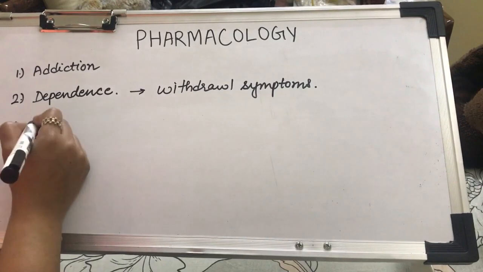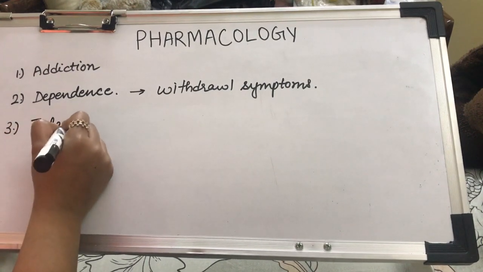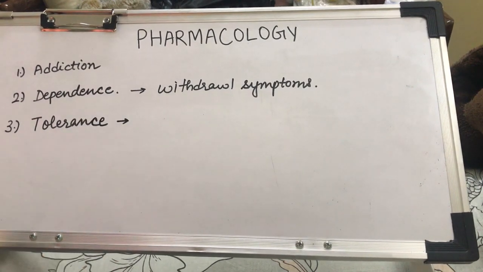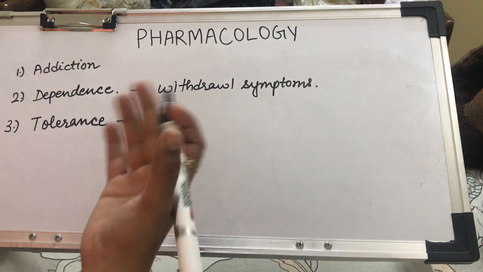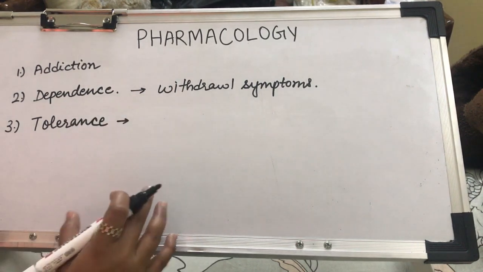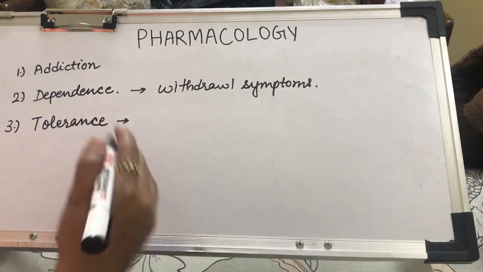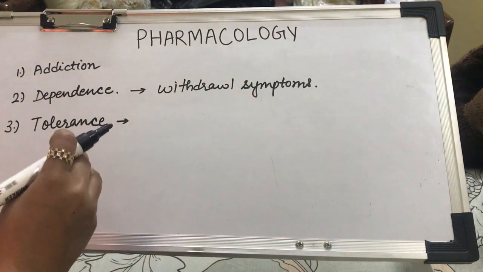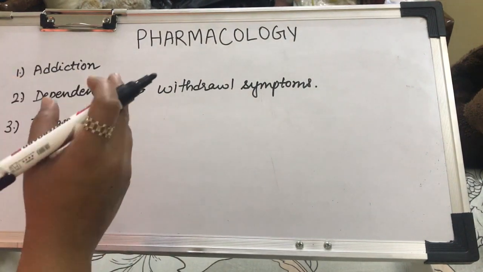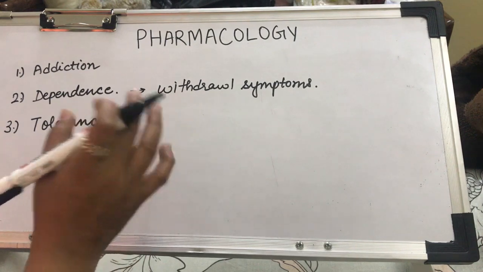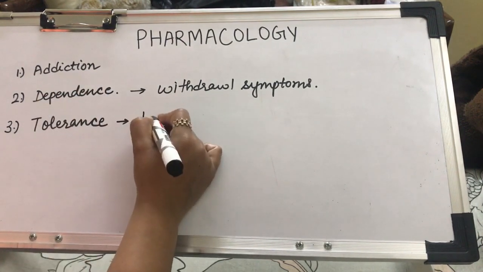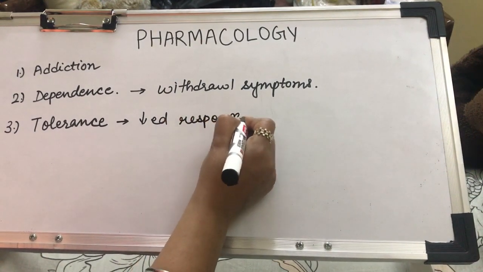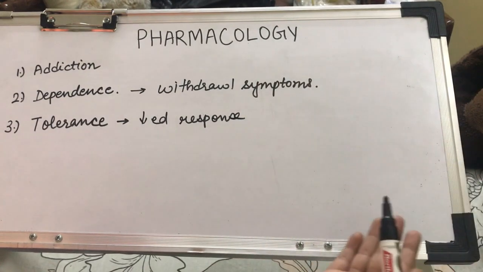Third term is tolerance. Now, what is tolerance? Tolerance is when your body has tolerated a particular dose. When you are repeatedly taking a drug regularly, the response to that particular concentration of the drug is reduced. There is a diminished or reduced response to a drug as a result of repeated doses.